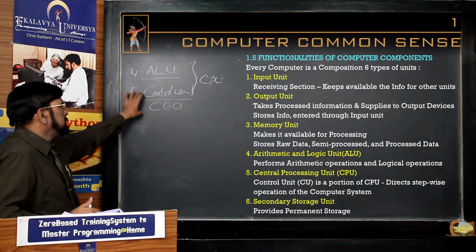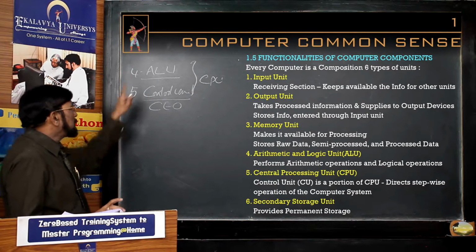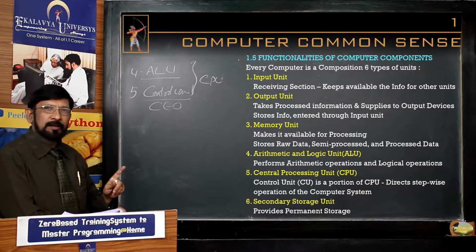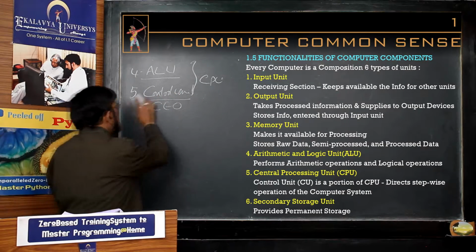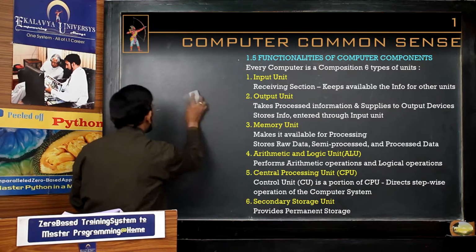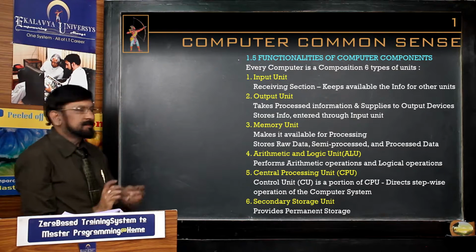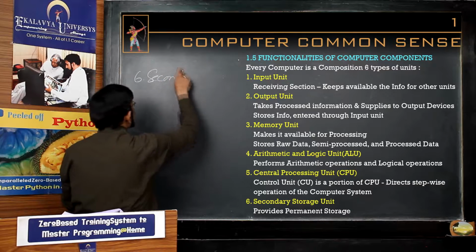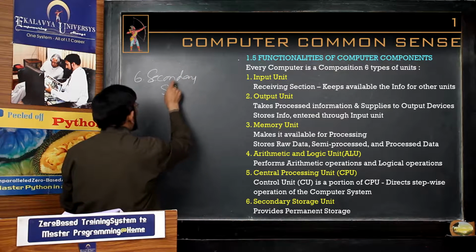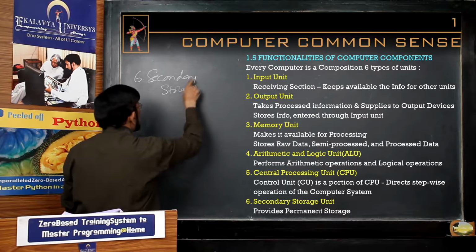This is very vital. But technically both together are called CPU, that is central processing unit. Finally, the secondary storage unit.